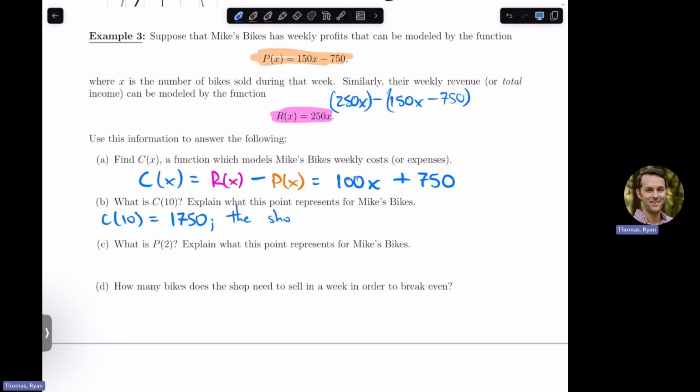Something like, the shop's total weekly cost is $1,750 when they sell 10 bikes.